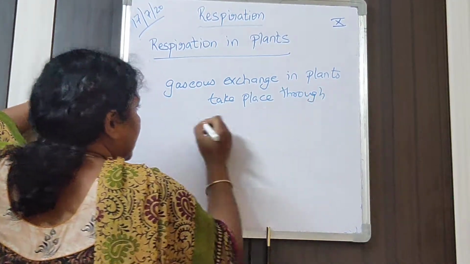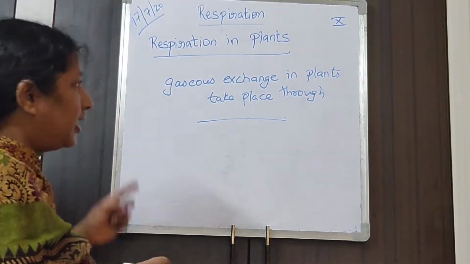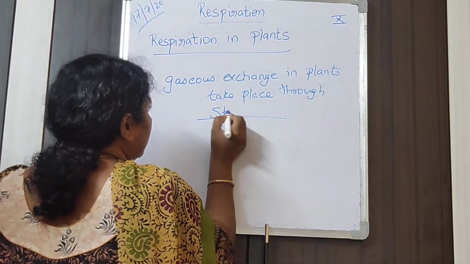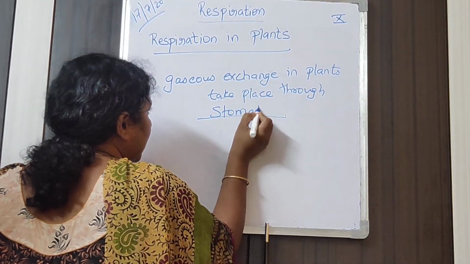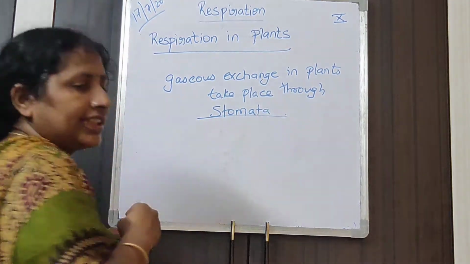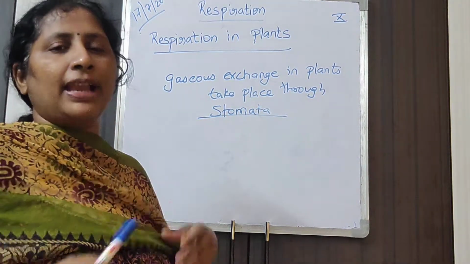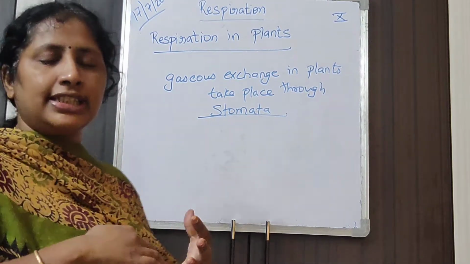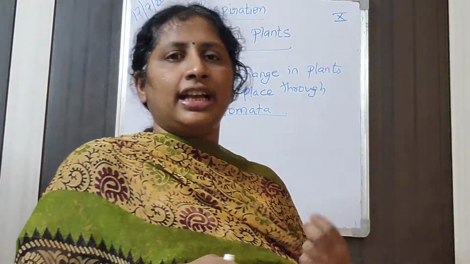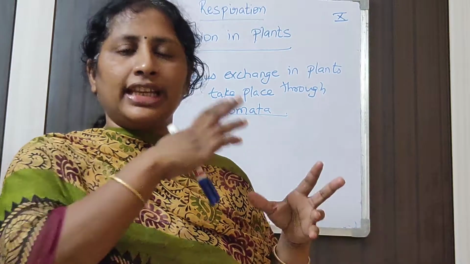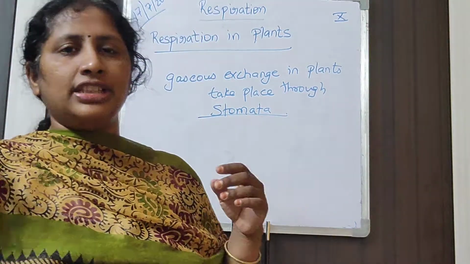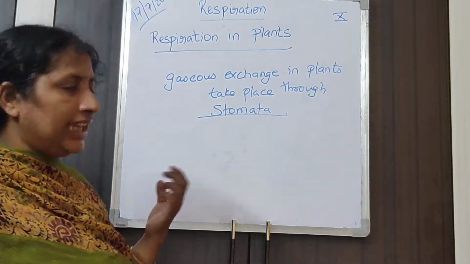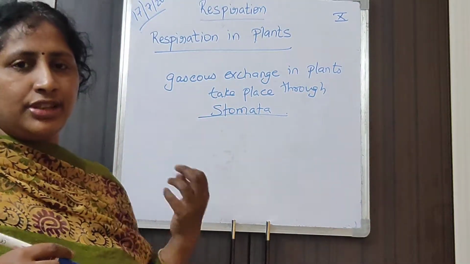Through stomata present in the leaves. Gas exchange takes place in plants through stomata present in the leaves. So oxygen enters through stomata and respiration goes on, and carbon dioxide is also released into the atmosphere through stomata. So in the leaf, gas exchange takes place through stomata.